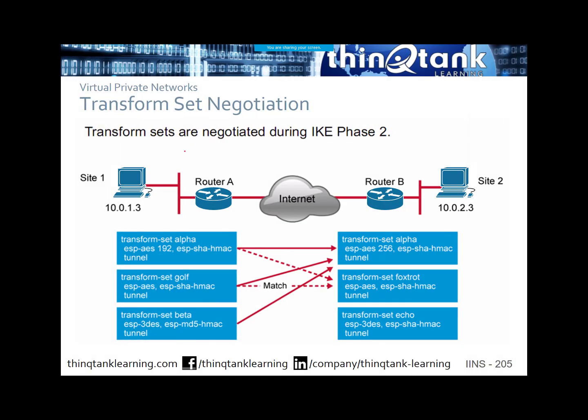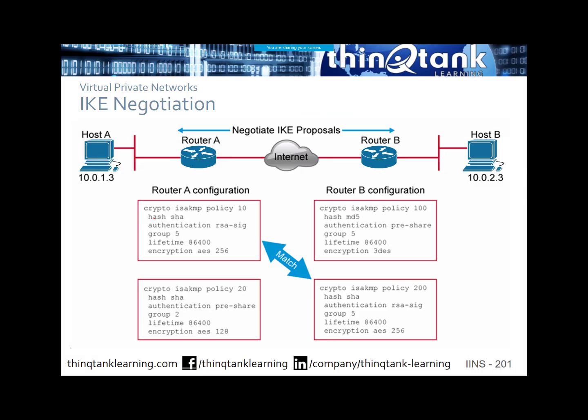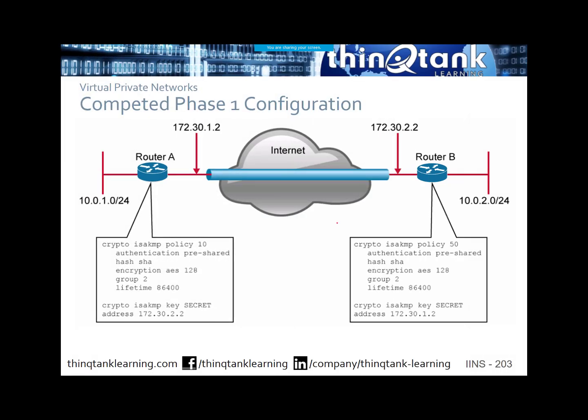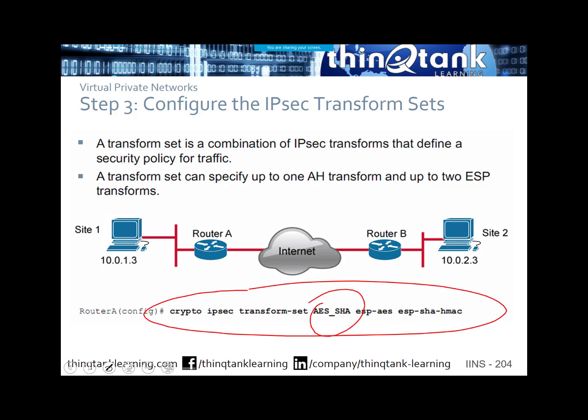Just like we saw with phase 1, where I can have multiple phase 1 policies, on phase 2, I can have multiple phase 2 policies as well. So this is one policy that I might have implemented, but I can implement a whole bunch of combinations of policies.